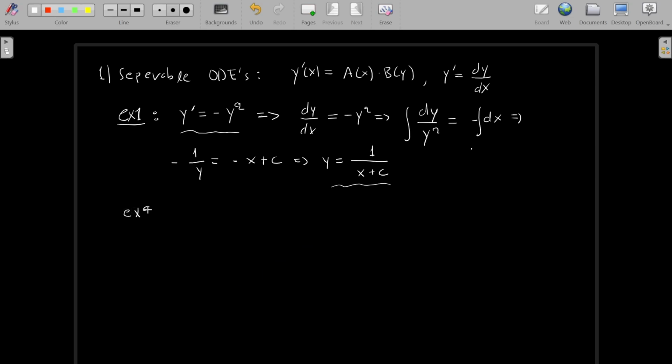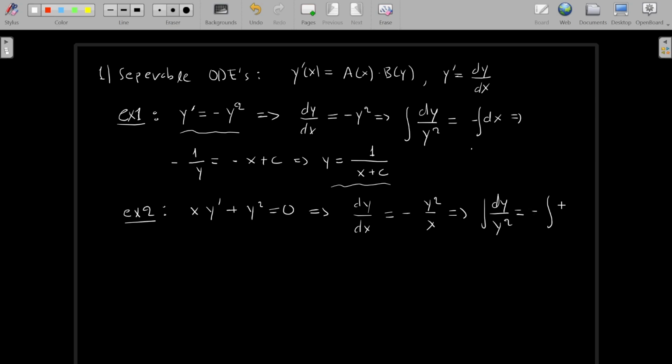Okay, example 2. x y prime plus y squared is equal to 0. Again, dy over dx is equal to minus y squared over x. We separate and integrate, so dy over y squared is minus dx over x.